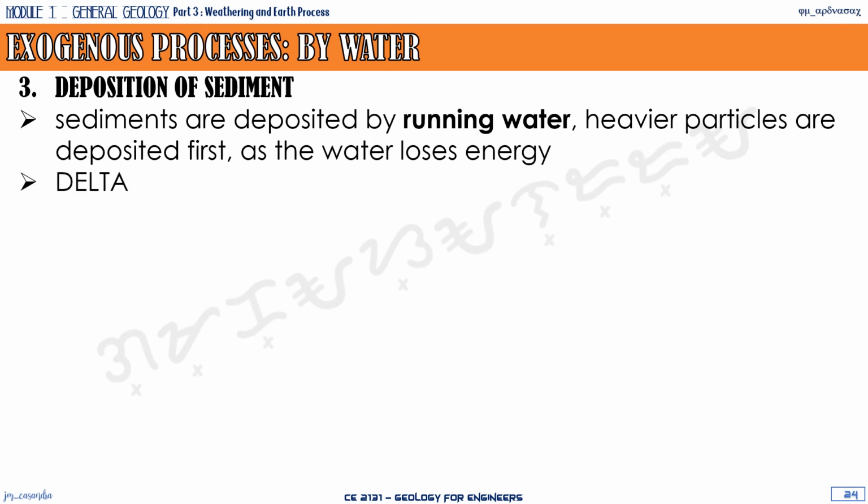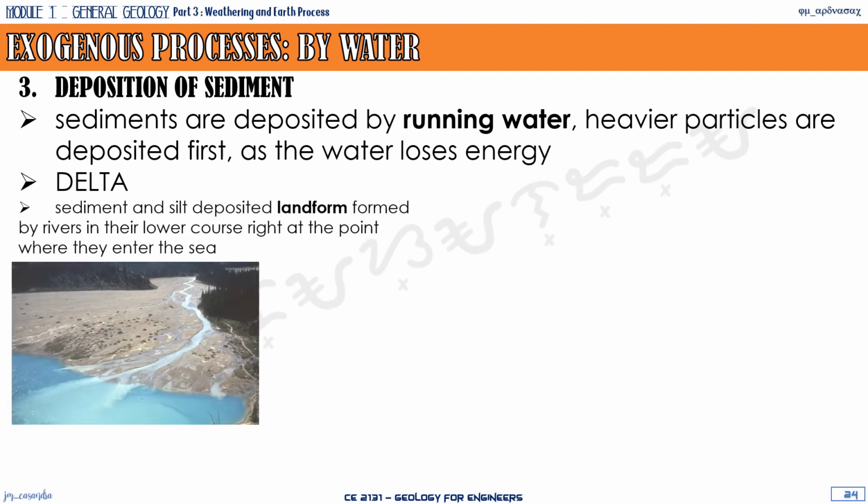So, under deposition of sediments, there will now be formations of delta. So, the sediments and silt will now be deposited and formed by rivers in the lower course right at the point where they enter the sea. So, yung parang meet-up point ng river at ocean, yung formation sa part na yon are your deltas.